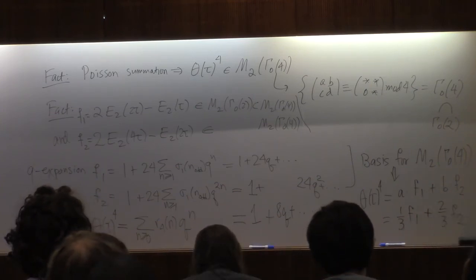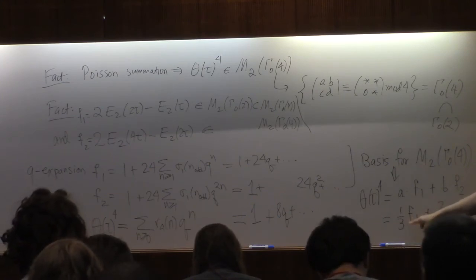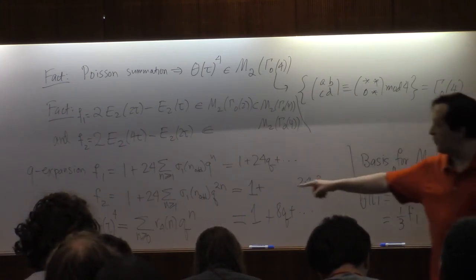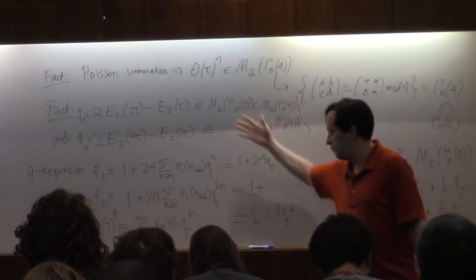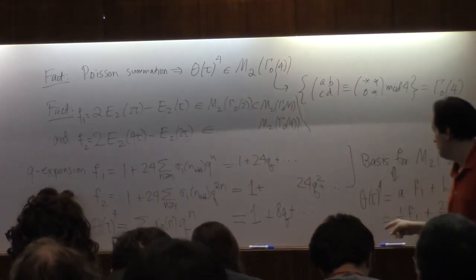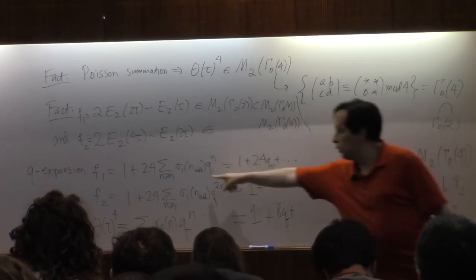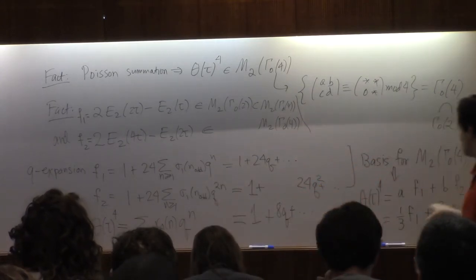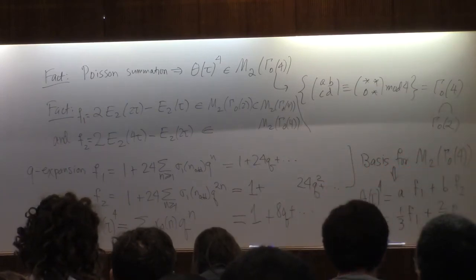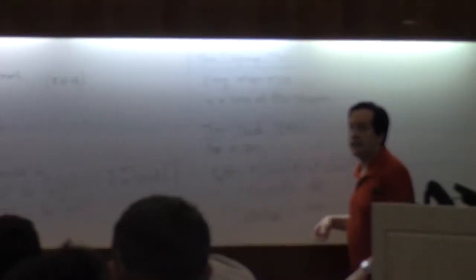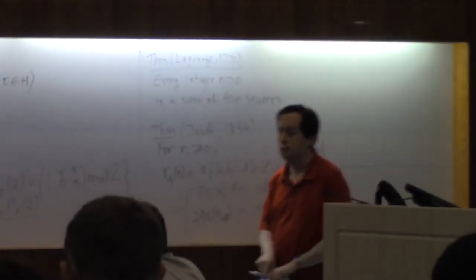And so now I will leave it to you to check that if you're very careful, here we'll only have even numbers, but for each integer, we'll call it m, 1/3 of the coefficient of q to the m here plus 2/3 of the coefficient of q to the m here exactly reproduces these two formulas.